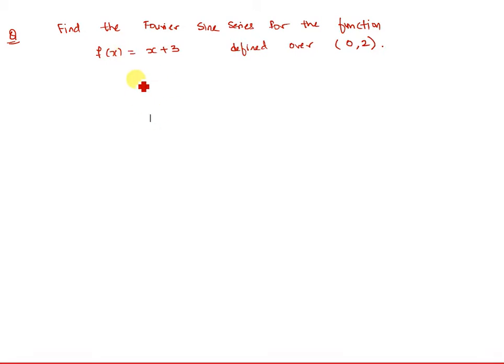Now we have the value of f(x) and this is your interval.